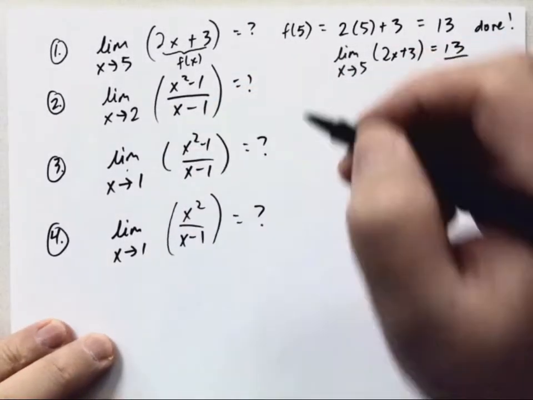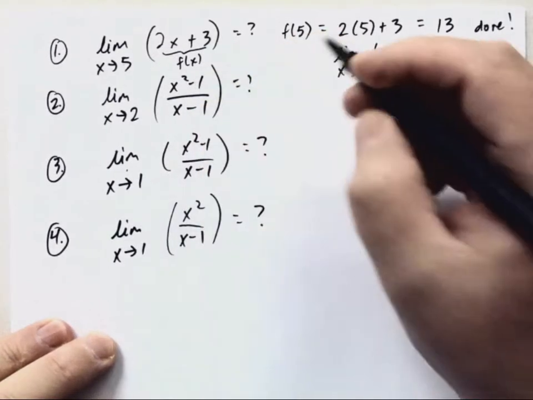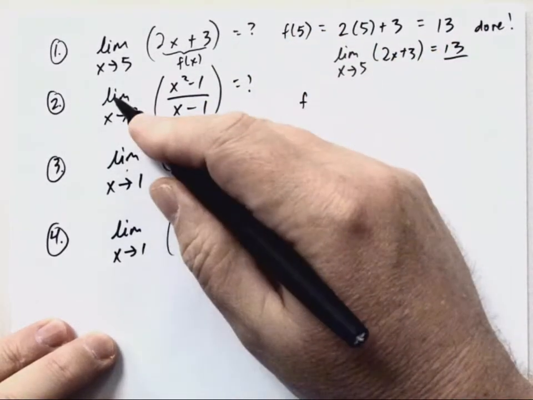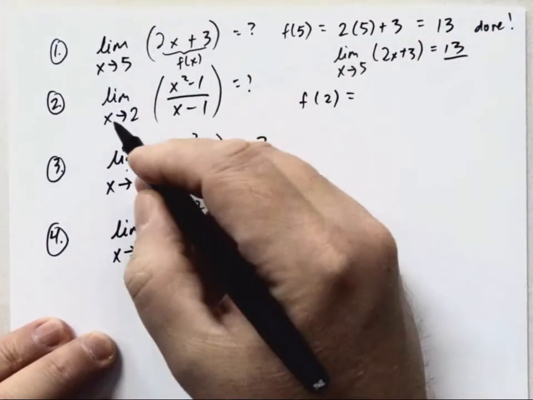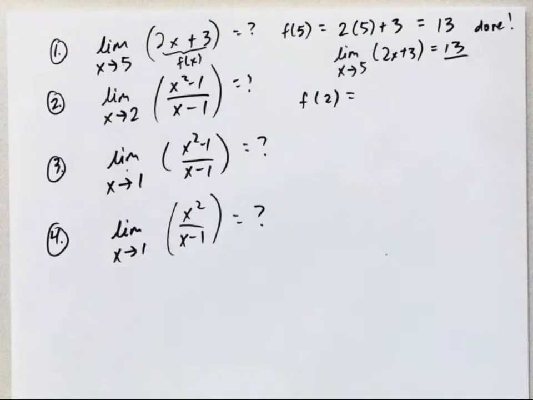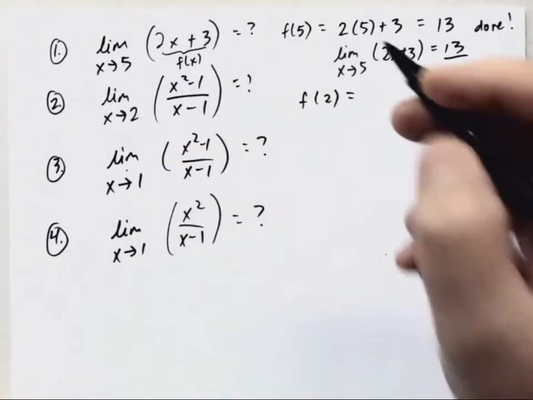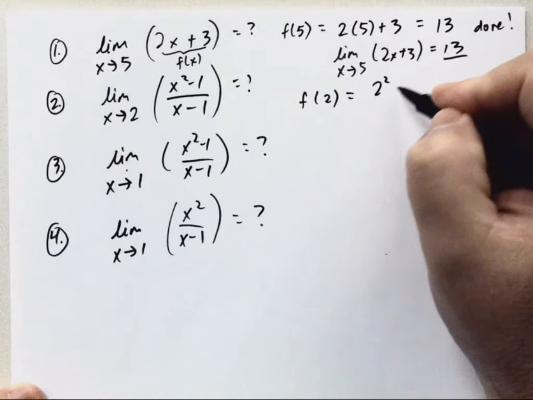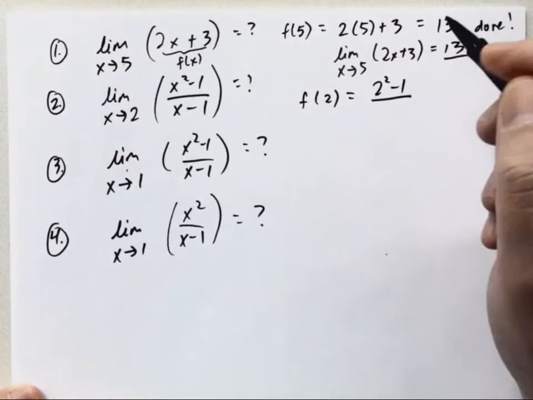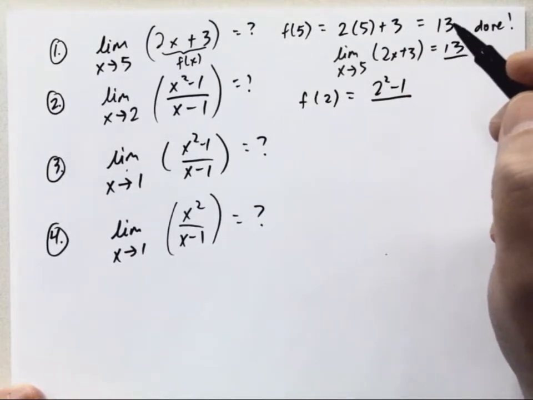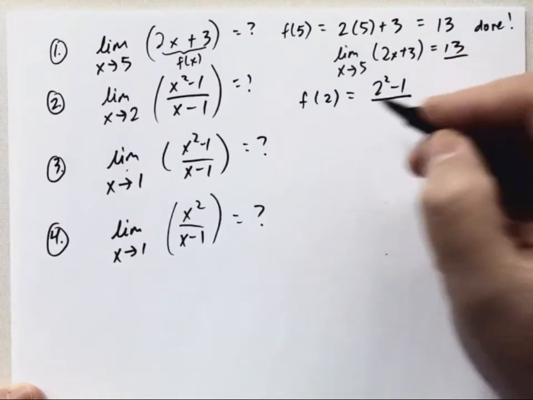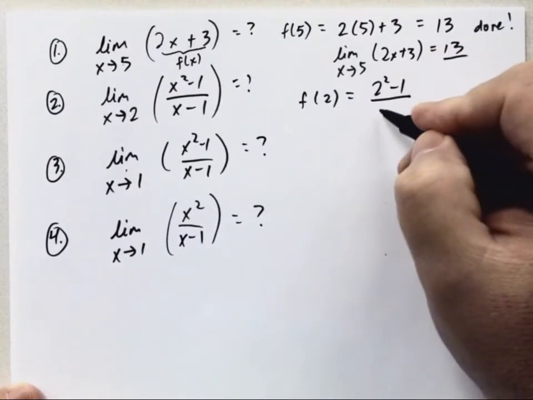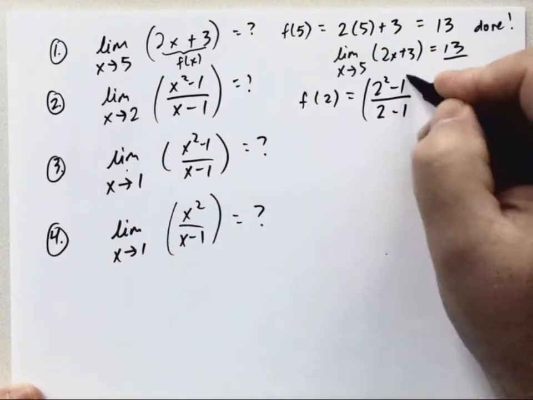Well, let's look at number 2. So here's my function. I'm taking the limit as x approaches 2. Every place I have an x in my function, I replace it with 2. So I have 2 squared minus 1 over 2 minus 1.